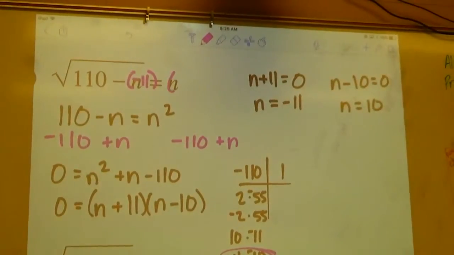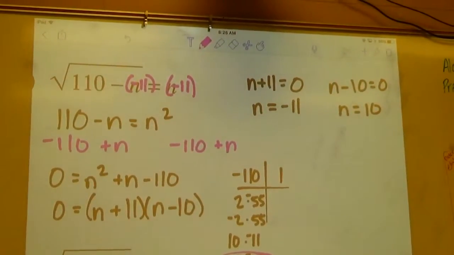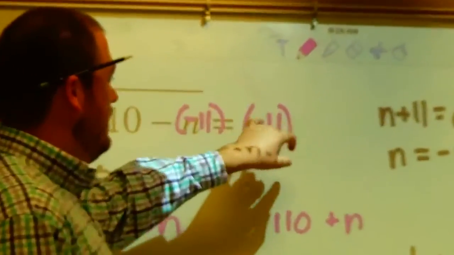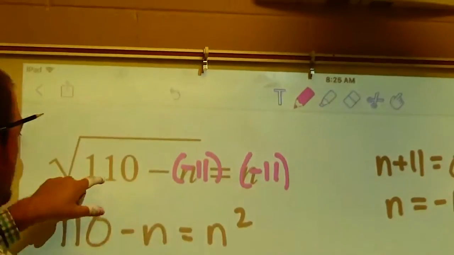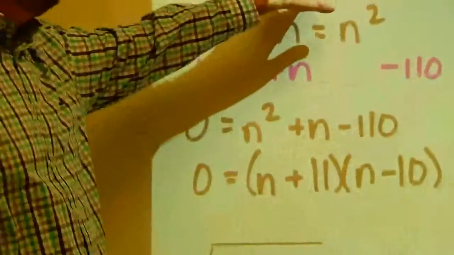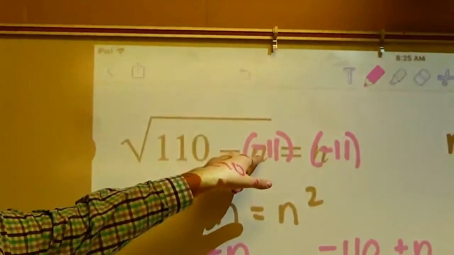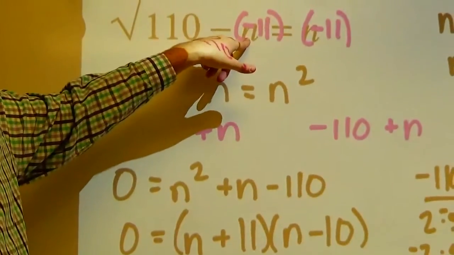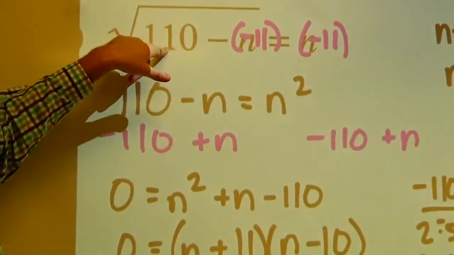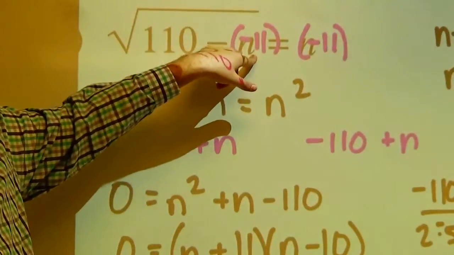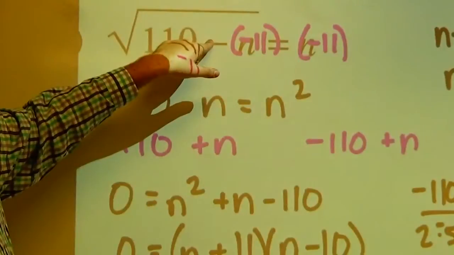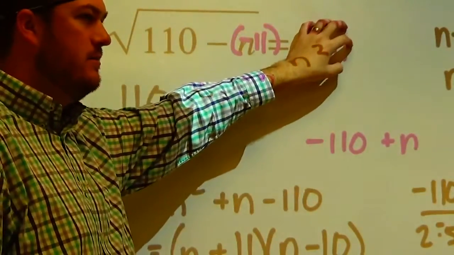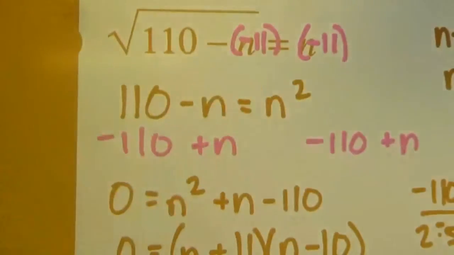This one's kind of nice because whatever I do here has to equal negative 11. So if I have 110 minus negative 11, what's that? Be careful. Minus negative means we're going to do what? Add. So 110 plus 11 is what? What's the square root of 121? 11. Does 11 equal negative 11? No, so that's not our answer.